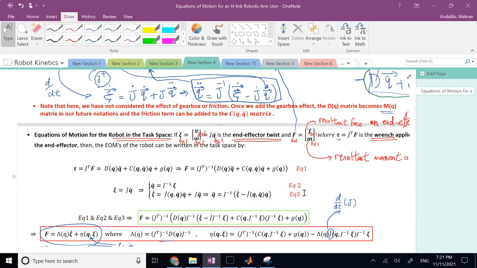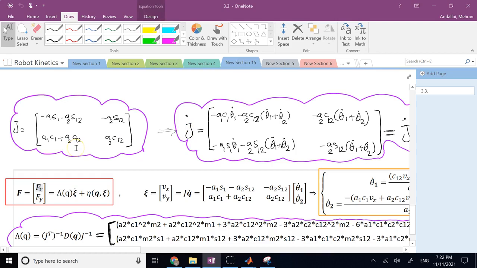You do not consider any independent rotation, so you are going to trim it. You're not going to have a 6 by 1 F, you're going to have a 2 by 1 F, which only has the two components of the resultant force, Fx and Fy. There is no Z and no independent rotation, so the M you completely neglect. The same thing with J: instead of being a 6 by 2, in this case we trimmed it down to a 2 by 2.